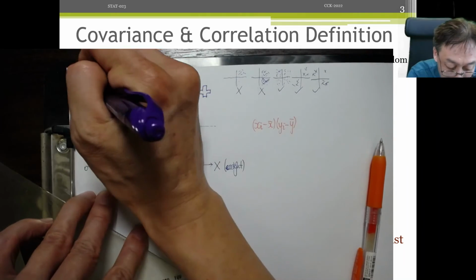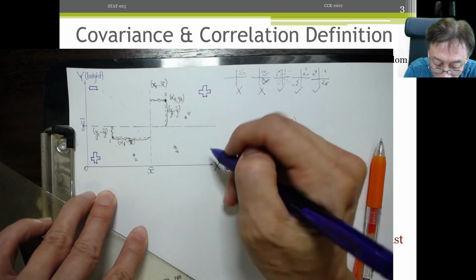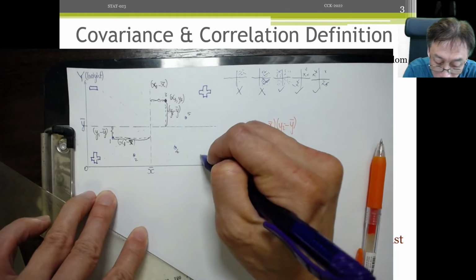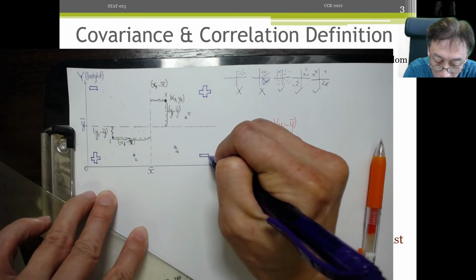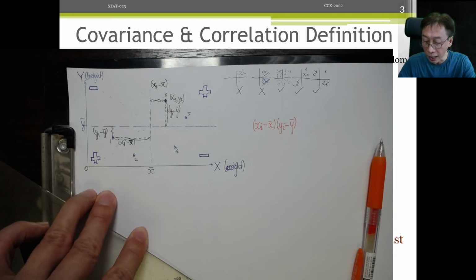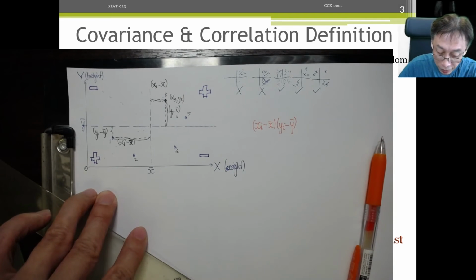Yeah, but let's not jump to that conclusion yet. And quite also clearly, a point such as 4, or if you have a point in the second quadrant, we will find that the resulting area product will be negative because one of the x or y will be negative and the other one positive.